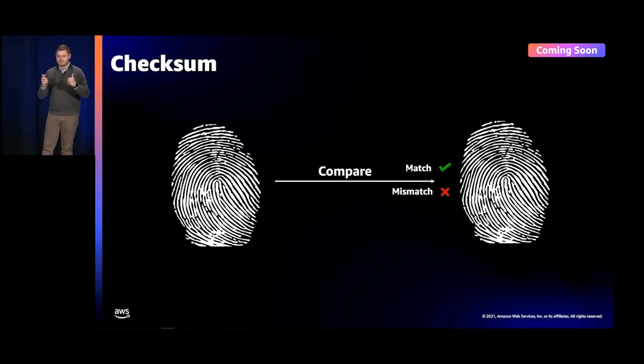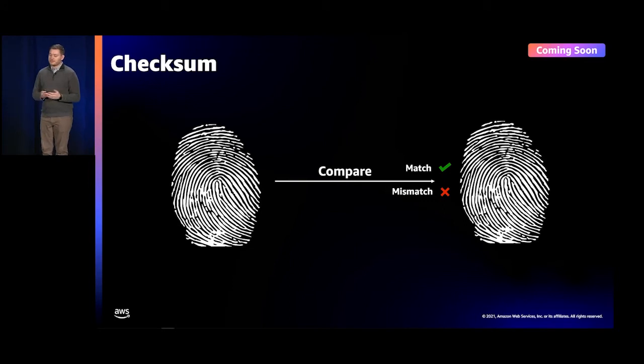If they match, then perfect. Your data, despite traveling at the speed of light, is still unchanged. If they don't match, it means the source object and the destination object are not the same. And S3 can use this information to only succeed the request when these checksums match.